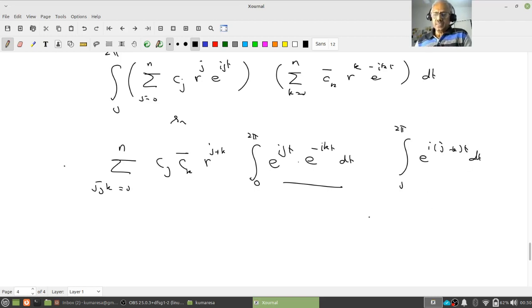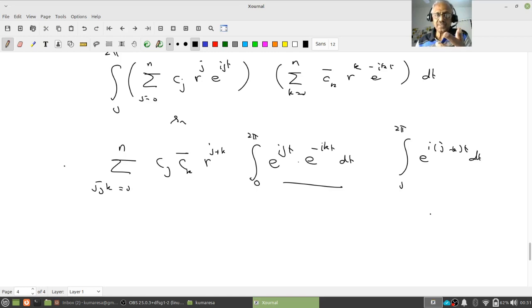Okay, this we had already computed, right? That is the end of the first session, if I remember right. I computed that the integral from 0 to 2 pi of e^(int) is 2 pi if n is 0, otherwise it is 0, because e^(int) has a primitive, that is, the derivative of e^(int)/(in), n not equal to 0, evaluated between the limits 0 to 2 pi.